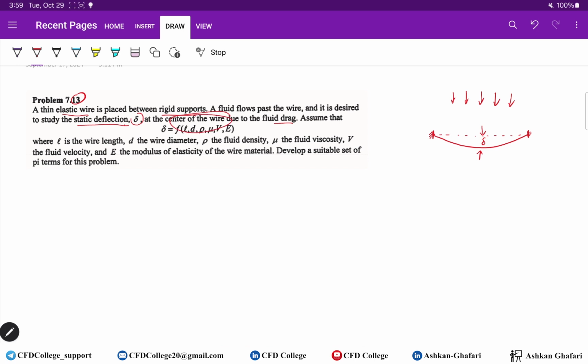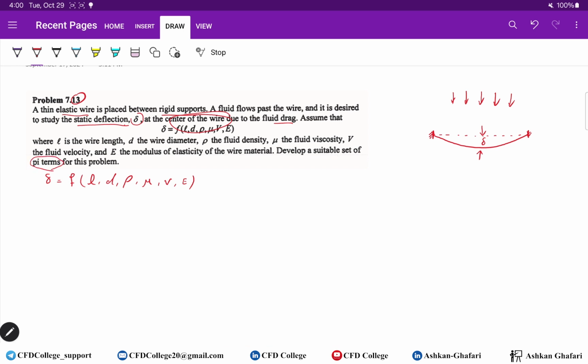We should consider delta is a function of L, length of the wire, D, wire diameter, rho, fluid density, mu, fluid viscosity, V, fluid velocity, and E, the modulus of elasticity, the Young modulus of the wire. Develop a suitable set of pi terms for this problem.